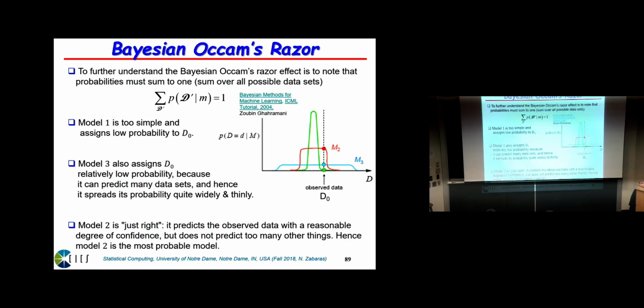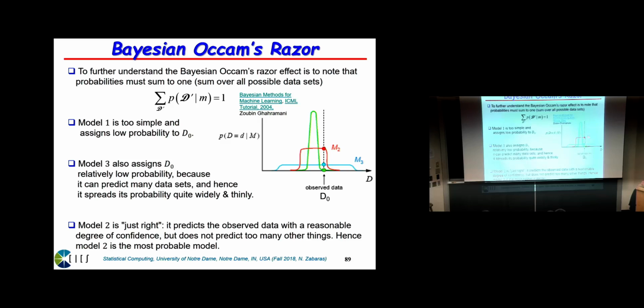Is this a simple model, the M3, or is it a complex model? I mean, when I look at M3, it is covering a lot of data sets, so it's explaining a lot of data sets.